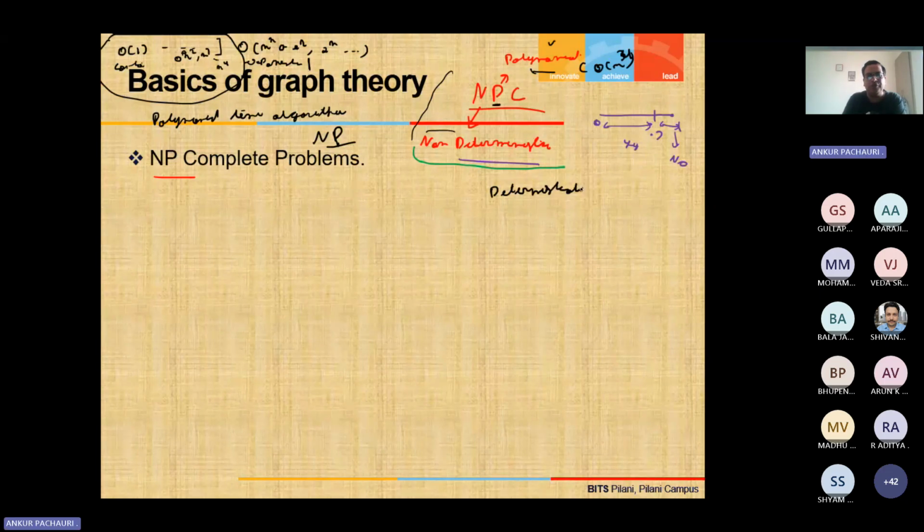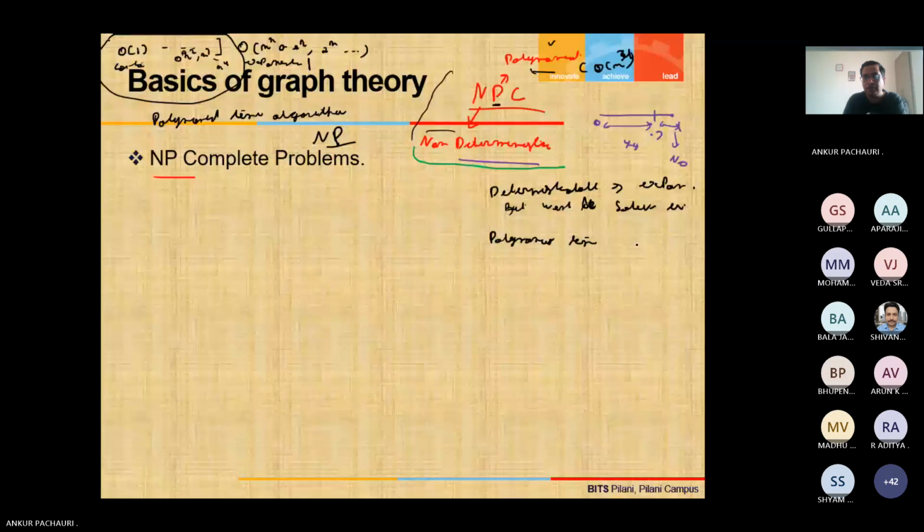I hope I have not confused you. Deterministically exponential, but if I want to solve it in polynomial time, then I'll have to use a non-deterministic method.